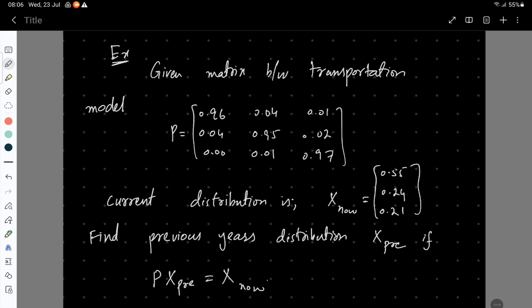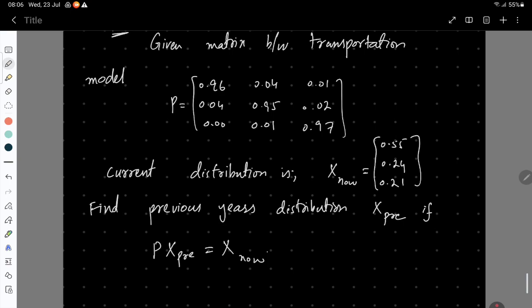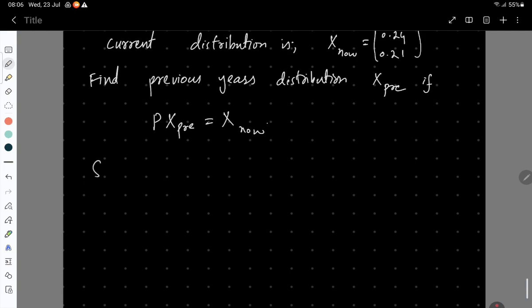Look at the next example. In this example, we have a transportation model, and the transportation model is supported by this matrix P, and the current distribution is denoted by x now, and this is equal to this. And we have to find the previous year's distribution if this condition is satisfied. And this example is very simple. If you want to find the previous year's distribution, you have to take this matrix to this side. How can you do this?